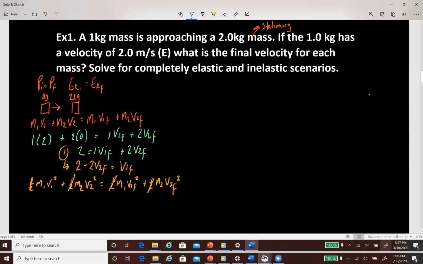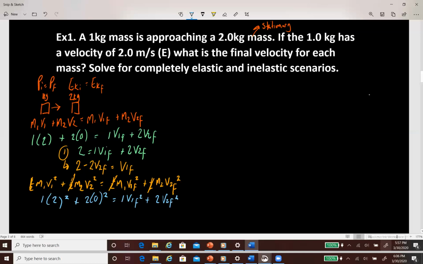Let's put our numbers in. So m1 is 1 times its speed squared plus m2 times its speed squared is equal to m1 times v1f squared plus m2 times its speed squared. There's our equation.